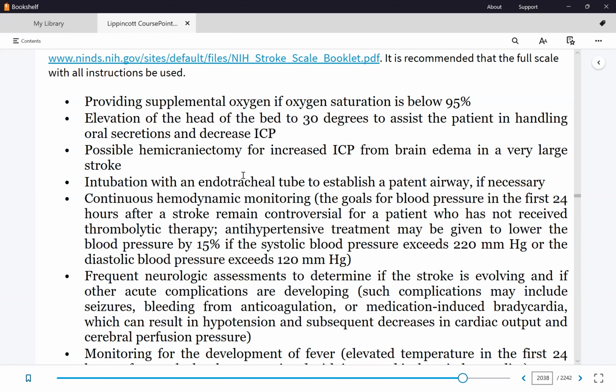Intubation, again, this is necessary if you cannot raise because what happens is when these patients have brain herniation, let me put it this way.